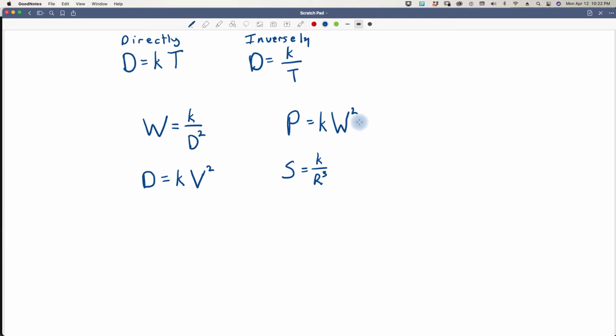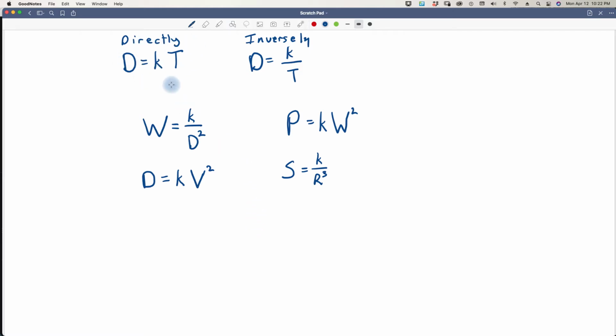So all you're doing is listening for that exponent, squared, cubed, whatever it is, and adding that to the variable that it is mentioned with. That is all we're going to do differently from what we've already learned about proportions.